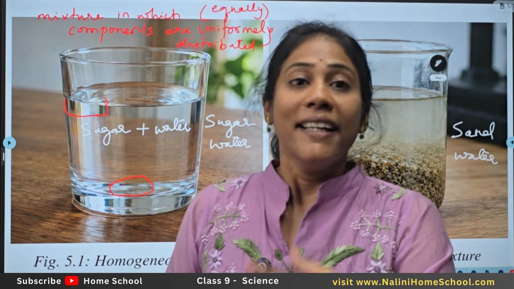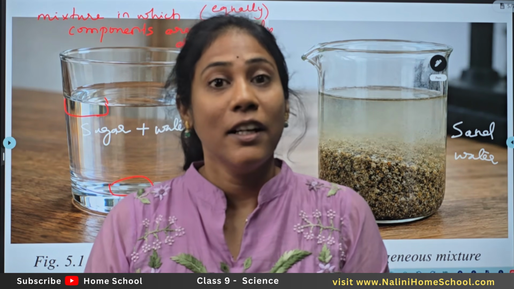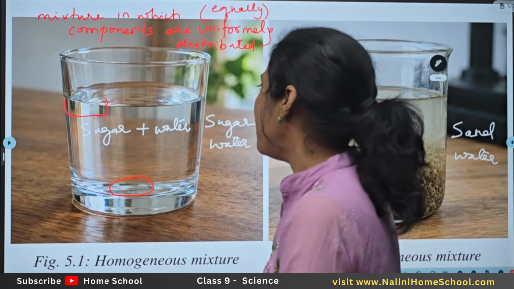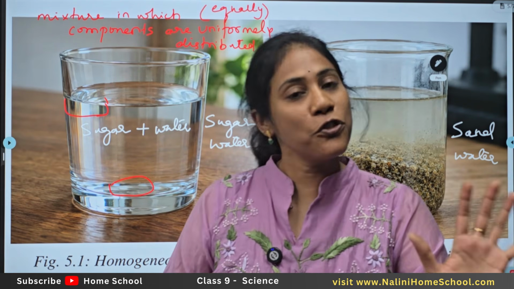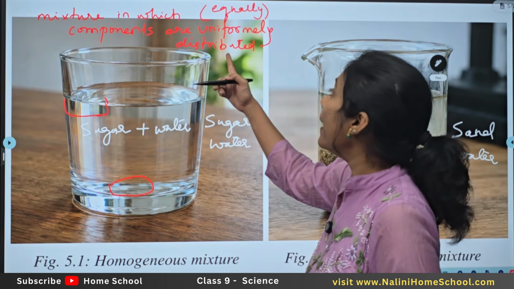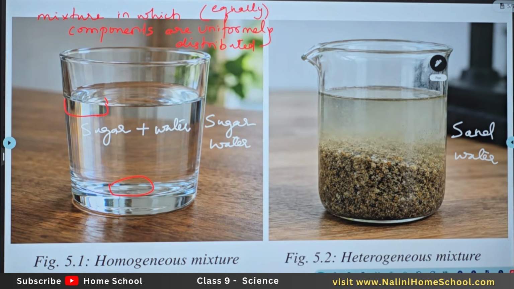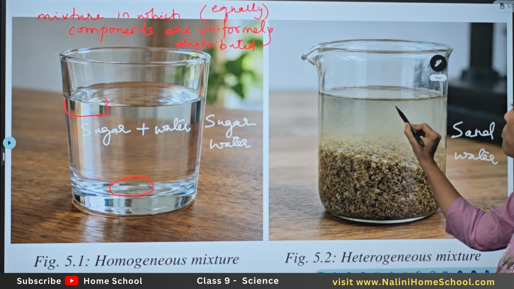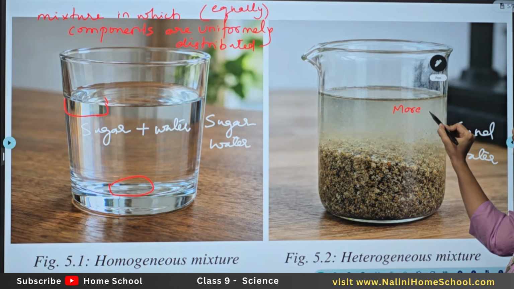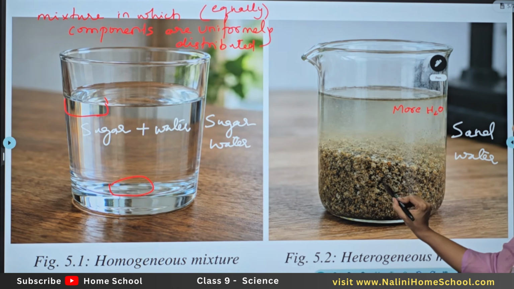What does that say? It says that sugar got very nicely mixed up with water. There is a very, very thick friendship between sugar and water everywhere in this glass of sugar water. That is what we mean by uniform distribution. Whereas if you look at the sand and water, on the upper portion of this beaker you have more water, and at the bottom all your sand particles got settled, so there you have more sand.